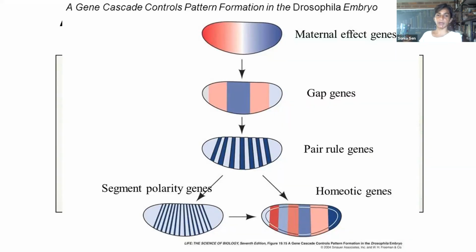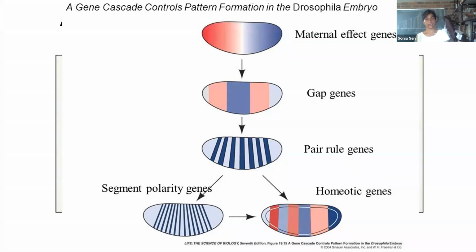Okay, so pair rule genes, and after that, the segment polarity genes, where each segment is conferred an anterior and a posterior region. Exactly. Now, nervous system development uses these exact same genes to pattern it in the anterior-posterior axis, and that's why I poked you guys to give me the names, because you'll see exactly the same things coming up in nervous system development.